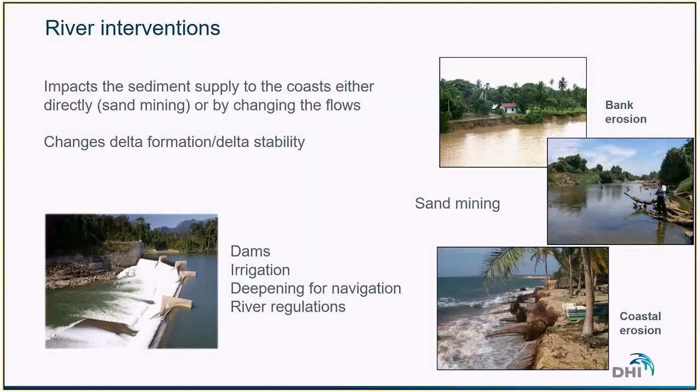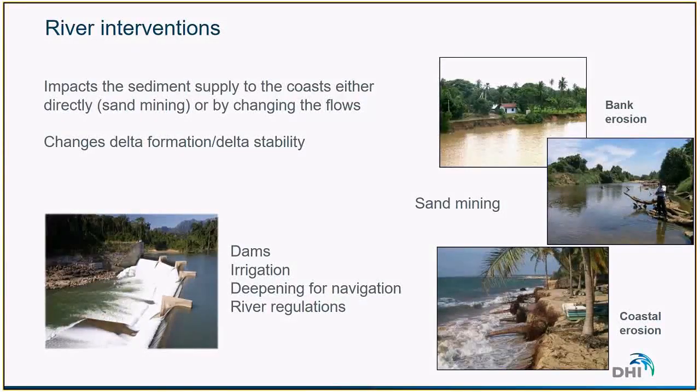So, for instance, when sand mining occurs in the river, we reduce the amount of sediment that is flowing towards the coast, and therefore the neighboring coasts that used to be supplied by sediment can suddenly start to lack sediment, and this can potentially cause significant erosion.